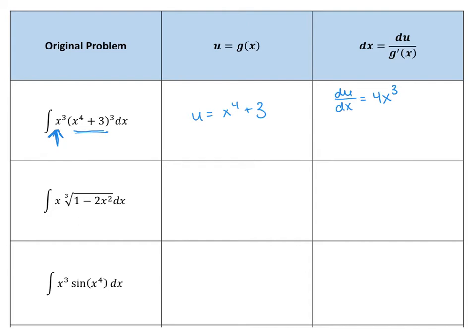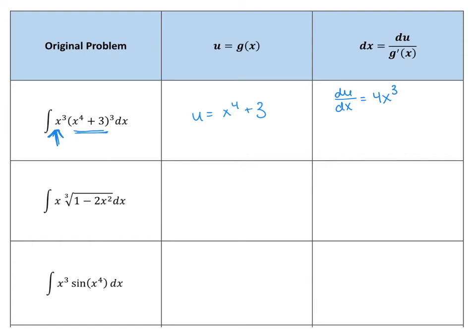So we have u is g of x, and we find that in the problem as something that's inside something else. And then the remainder of the problem is typically going to be a multiple of g prime, a multiple of its derivative. Here, that extra part is going to be the number 4. We have a coefficient.